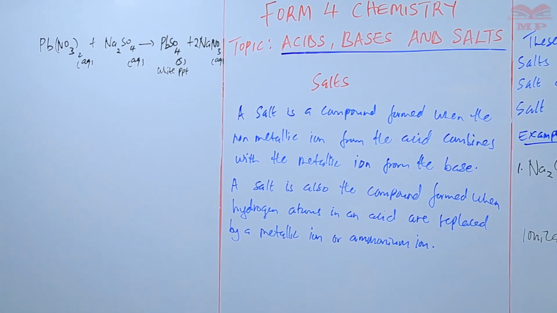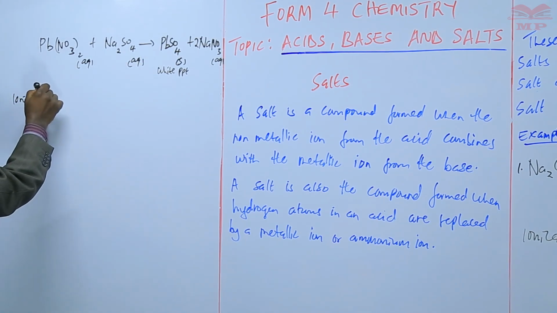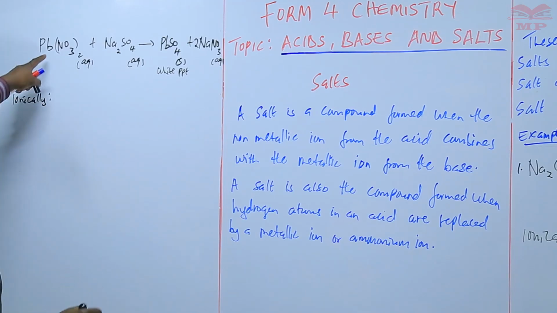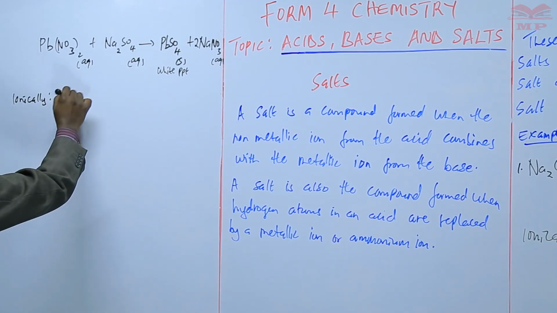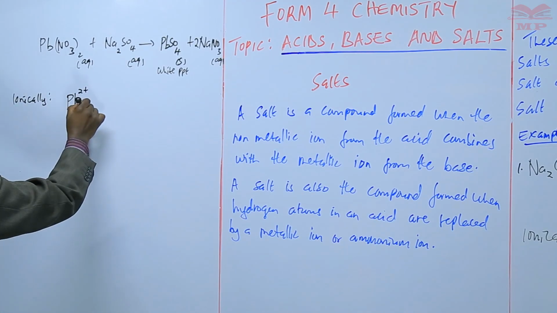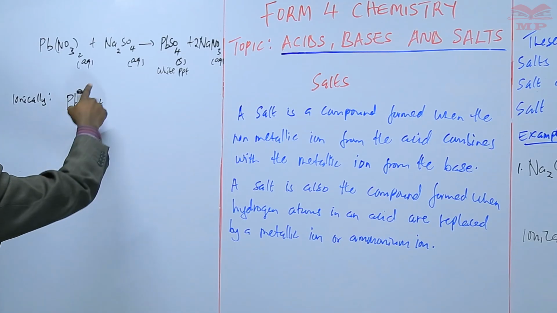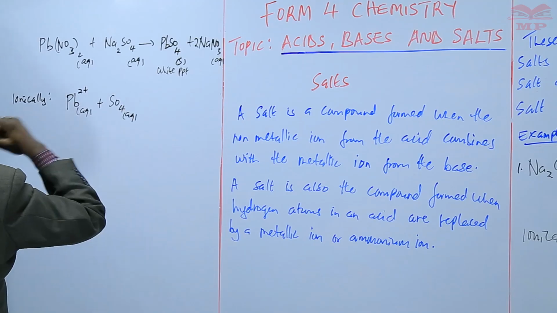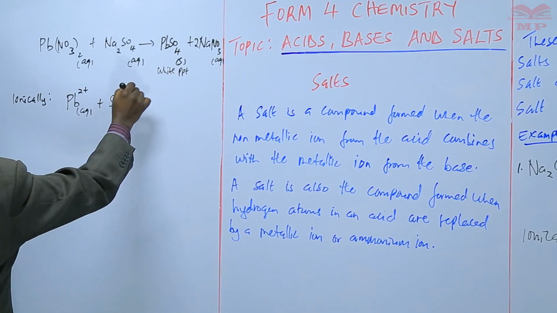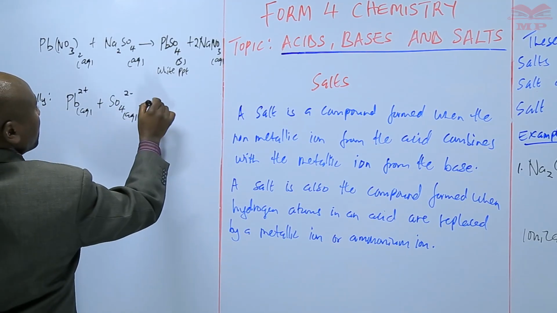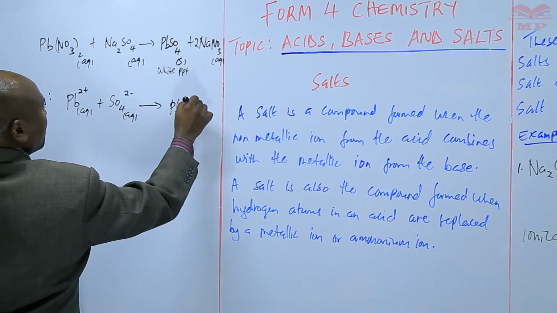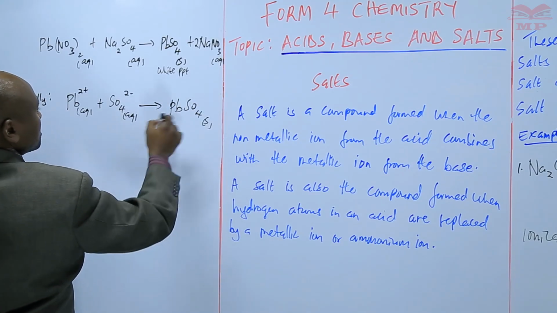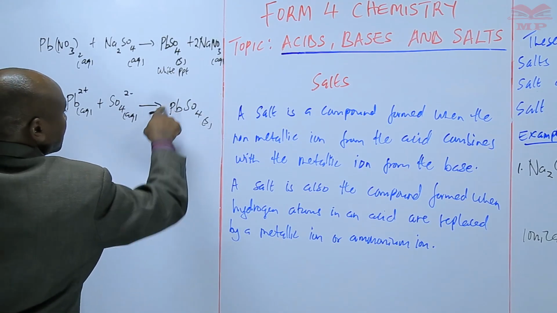So basically that's another equation, and on this, ionically, what is happening is that lead 2 ions are combining with the sulfate ions to form lead 2 sulfate, which is the white precipitate, as you have seen.